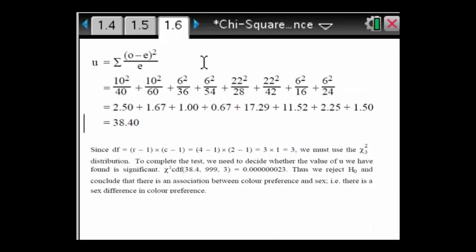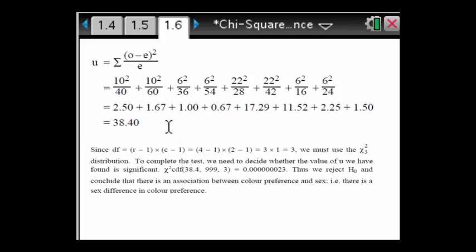So we go to the next page. I think it's a really good idea actually to show students what's going on underneath the hood of the calculator. There's the calculation of the test statistic. Now we'll jump ahead a little bit and then we'll move back and show you how to use the handheld.